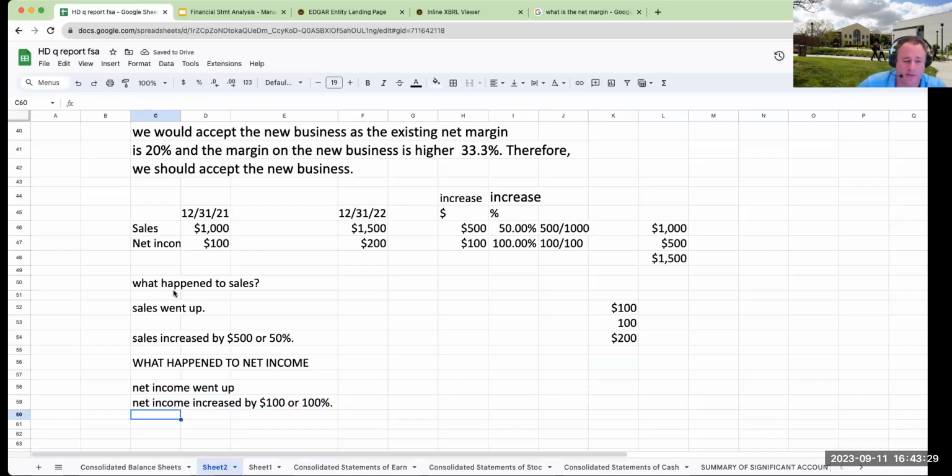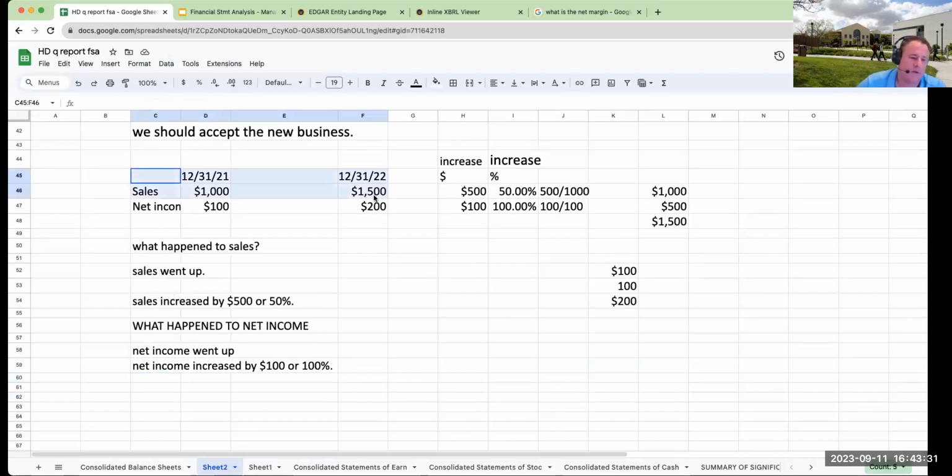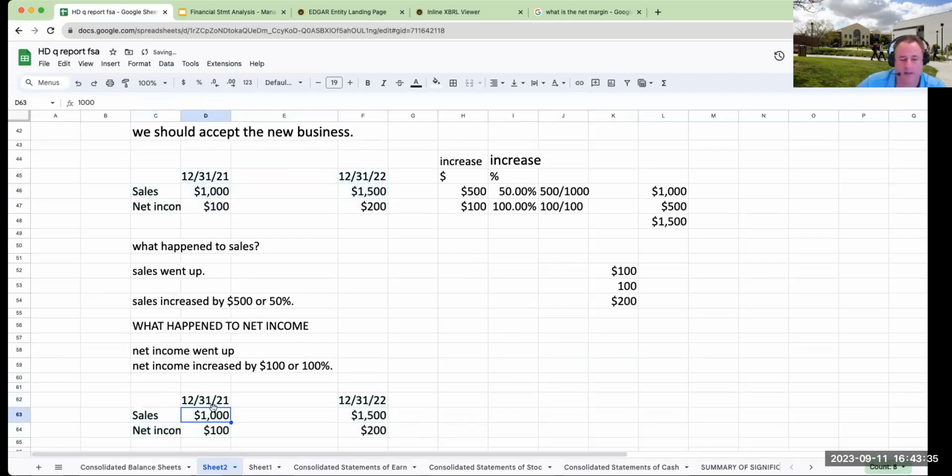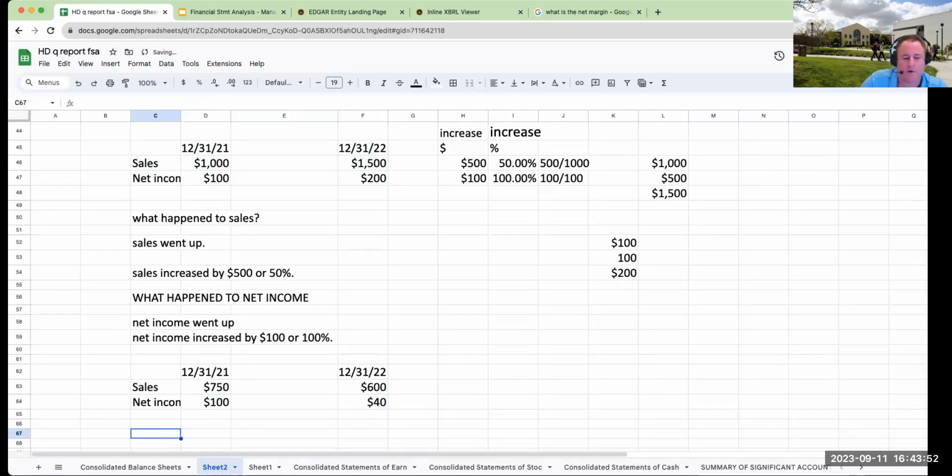If it decreases, so if we get something over here where we have the opposite, meaning we have, say, 750, and this is now 600. And then over here, the net income was, say, 100, and now it's going to go down to, say, 40. What would I say happened to sales?